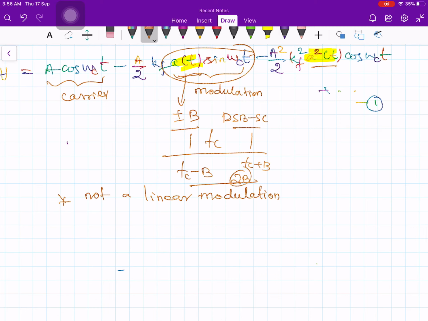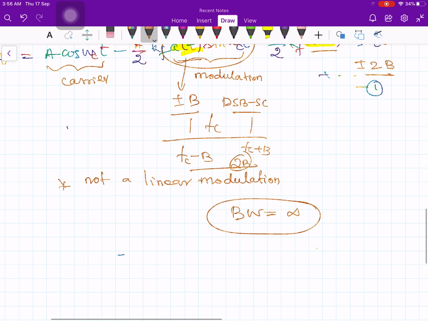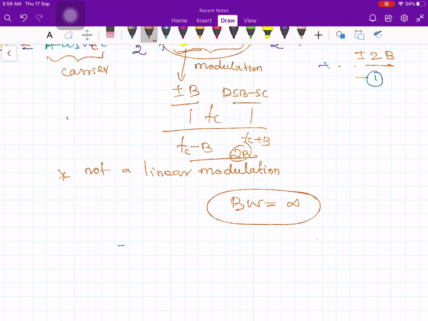The term corresponding to a square of t has bandwidth of plus or minus 2 times b around the carrier. As you can see, since this is an infinite series, therefore theoretically the bandwidth is infinity. So this once again shows that theoretical bandwidth is equal to infinity.